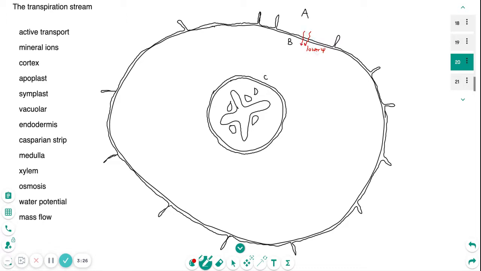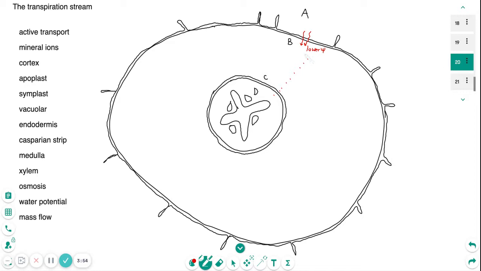And this low water potential is being kept lower and lower as we go further in. As those ions are being moved through the cortex all the way into the actual vascular bundle, there's this perfect gradient of the water potential getting more and more negative as you move in.